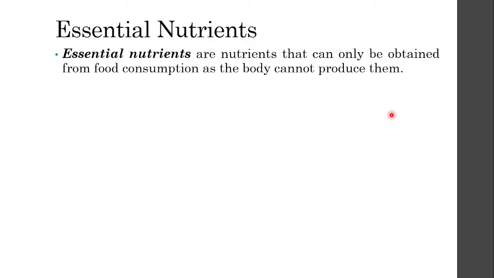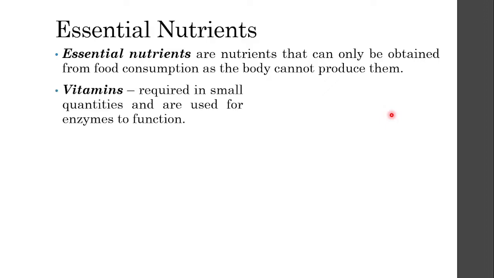There are various types of essential nutrients, which can be vitamins, minerals, etc. I'm not going to show you the tables of various vitamins and minerals that we cannot create in our body but have to get from other sources. That is in your module, so just check your module. But let's discuss individually what they are.